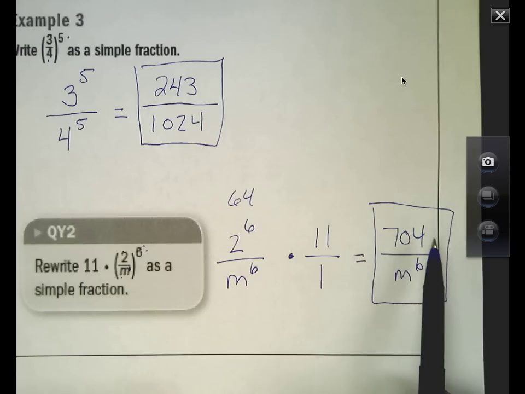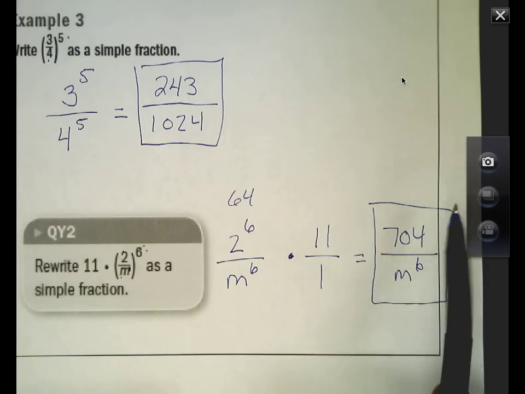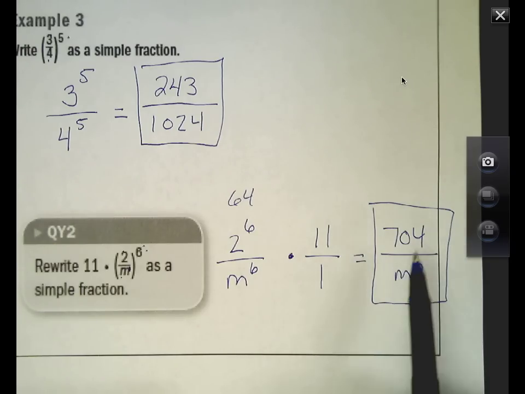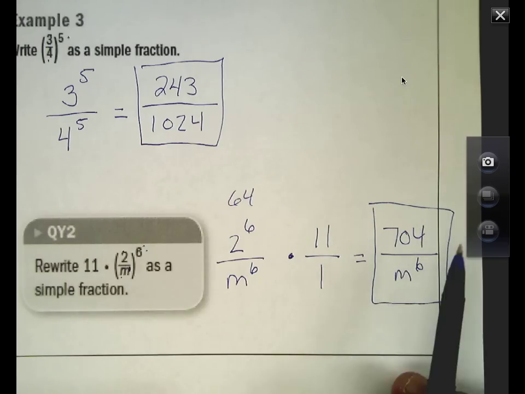Remember, as long as we have positive exponents, we are fine. Only when we have negative exponents do we have to worry about moving those somewhere.